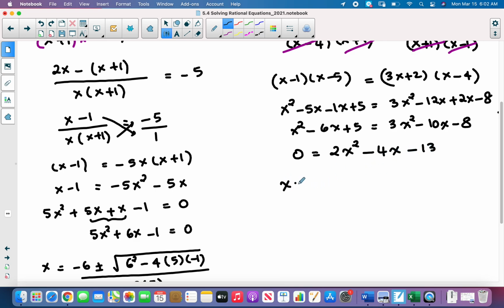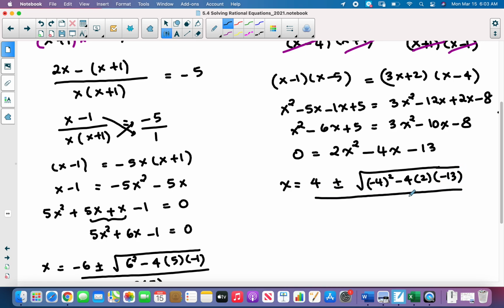So x equals minus b, which is plus 4, plus or minus square root of b squared minus 4ac, divided by 2a. So that works out to 4 plus or minus square root of 120 divided by 4.